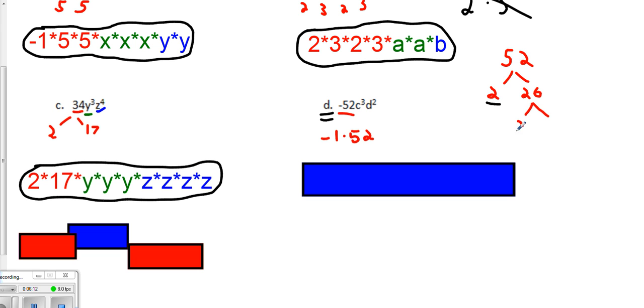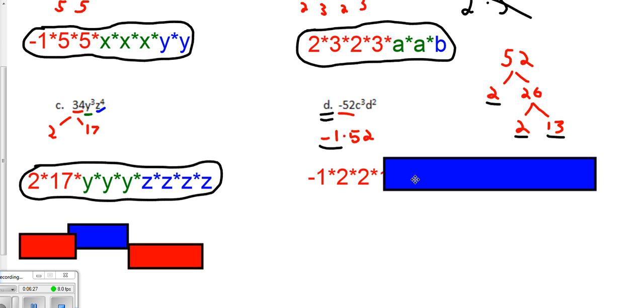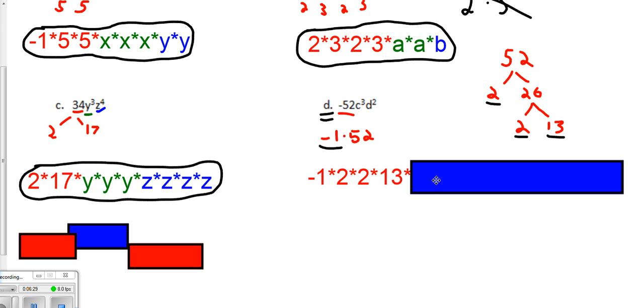That can be broken up into 2 and 13. 2 is prime and 13 is prime. And we had that negative 1 that we needed. So just our coefficient part, we're going to need negative 1 times 2 times 2 times 13.